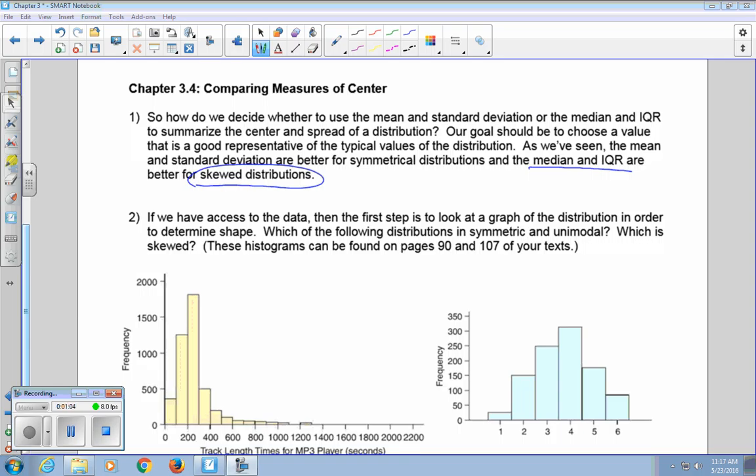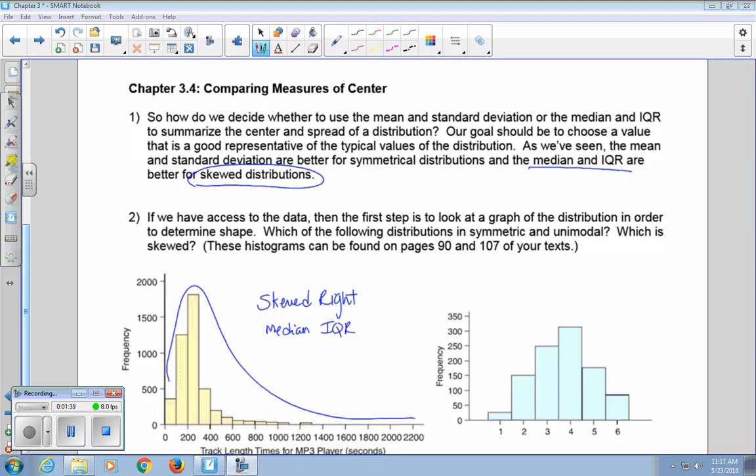So which of the following distributions are symmetric and unimodal and which are skewed? These are distributions that you can see in your textbook. The one on the left here, if you outline the shape, we're looking at a distribution that is skewed right, and we should use the median and the IQR to summarize this data.